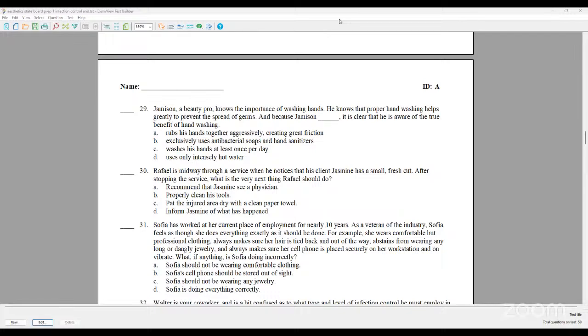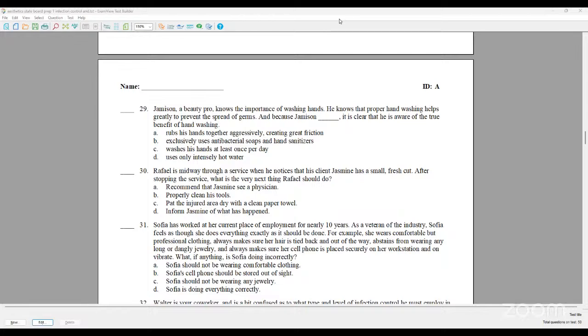A, rubs his hands together aggressively, creating great friction. It is clear that he is aware of the true benefit of hand washing. Or B, and because Jameson exclusively uses antibacterial soaps and hand sanitizers, it is clear that he is aware of the true benefit of hand washing. Is it A or B? I'm gonna go with B.